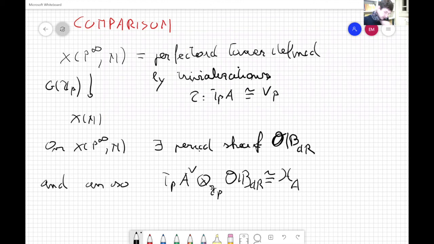Actually, here you see the fact that there is a dual on one side and there isn't on the other side.